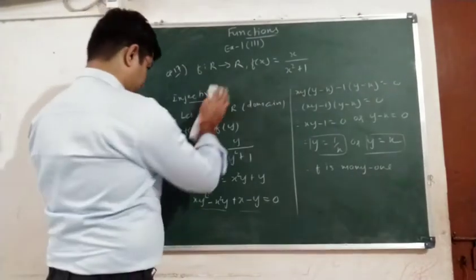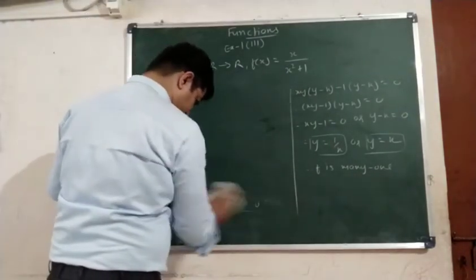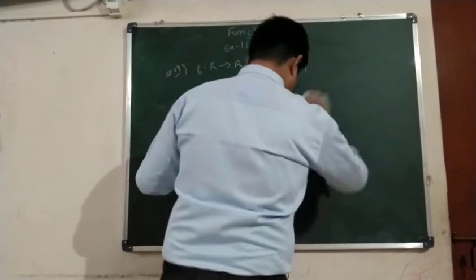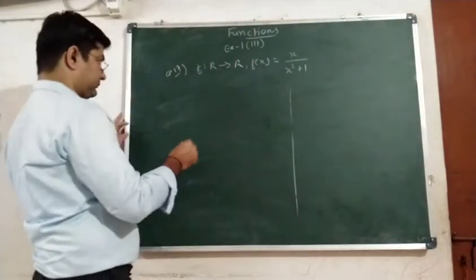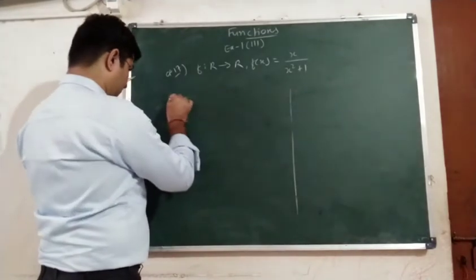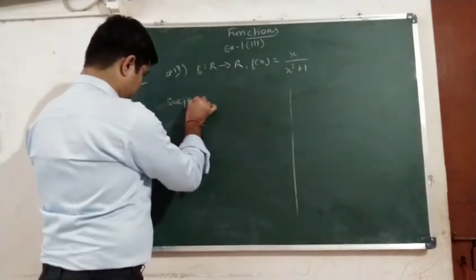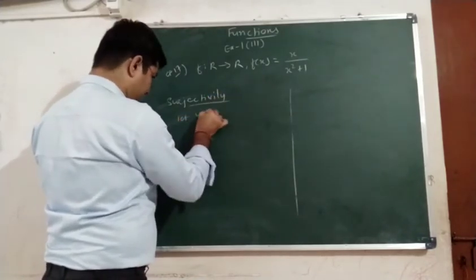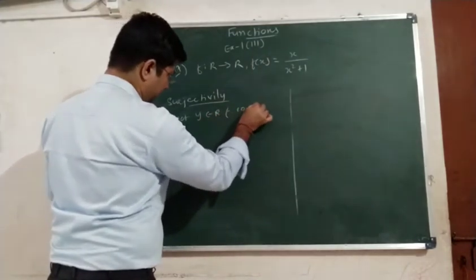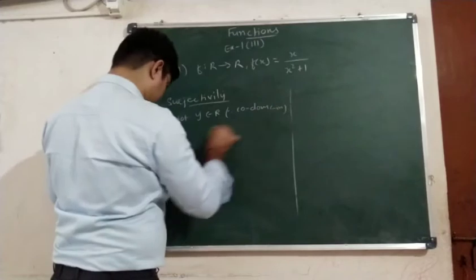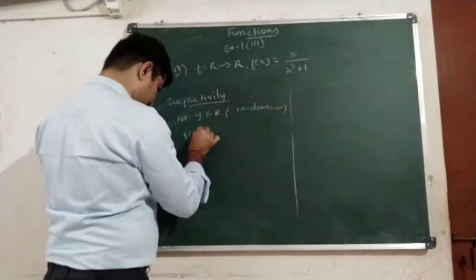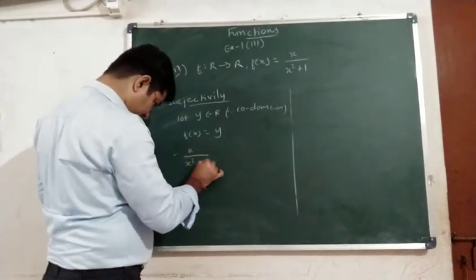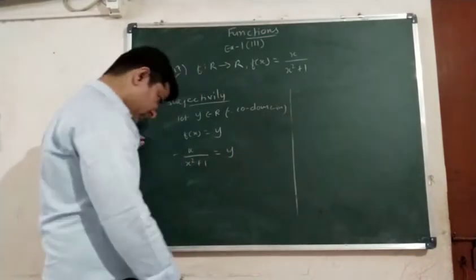Okay, now let us see. Let us check the surjectivity for the same function. Let y belong to R, that is the codomain, such that f of x is equal to y, and therefore x upon x square plus 1 equal to y.